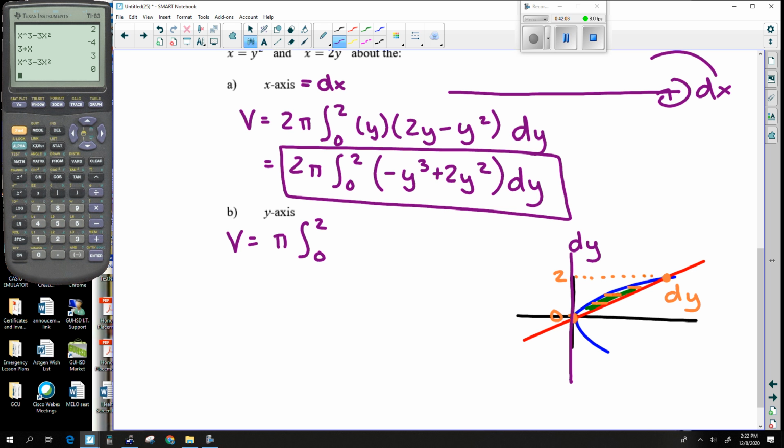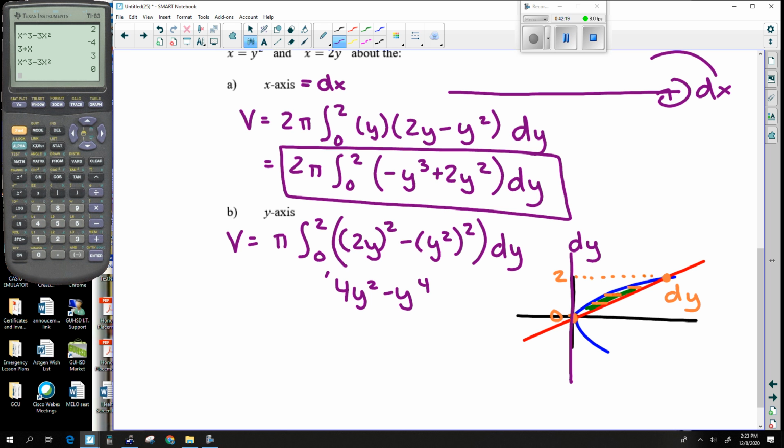All right, so this is going to be the line, which is 2y, so big radius squared minus little radius squared dy. Long story short, this is correct. So this is 4y squared minus y to the fourth. That's good enough. Just leave it like that.